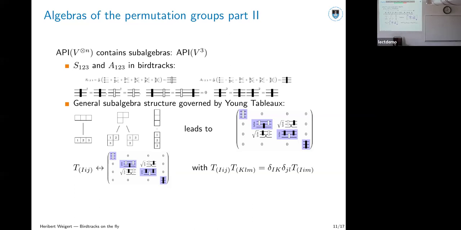And you can actually prove that this will always give you enough operators to span the whole algebra. So that was one of Judy's results.